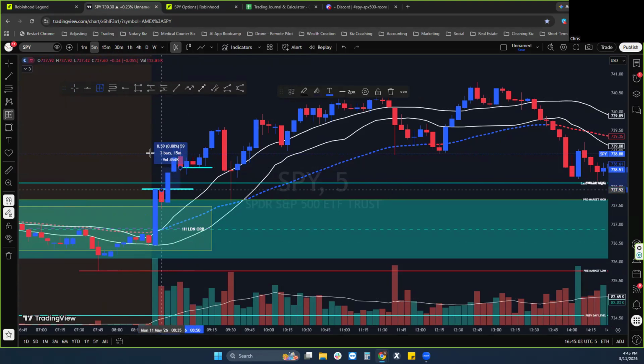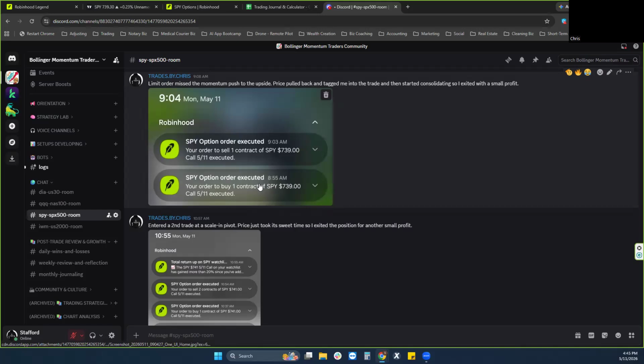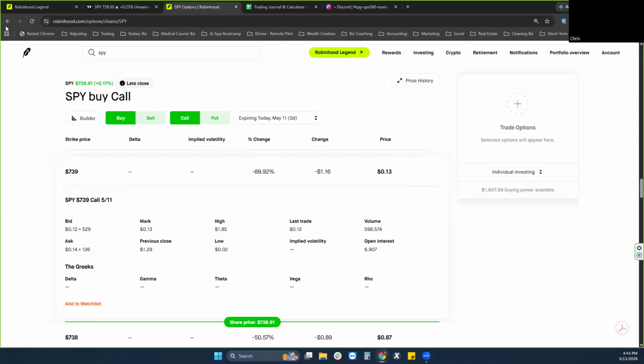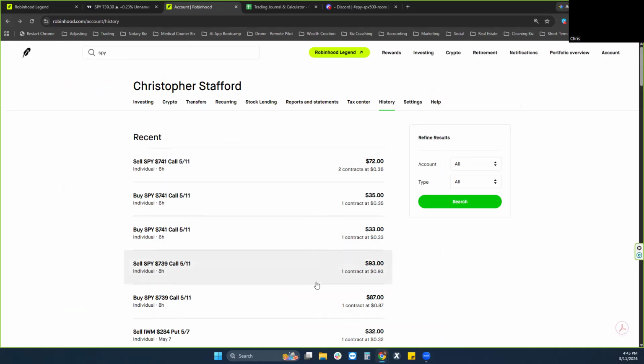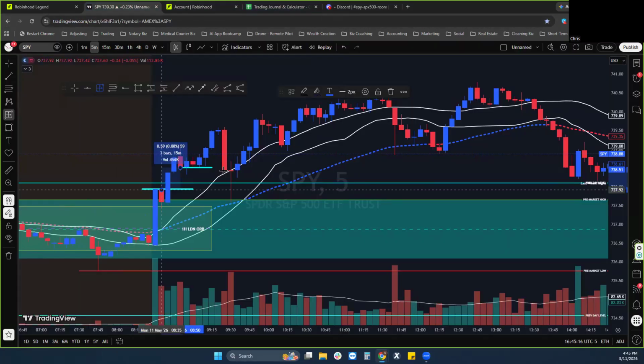That's a 59-cent move. So we got in at 87, I believe. Yeah, 87. And so minus 59. Let's see where we should have gotten in at.